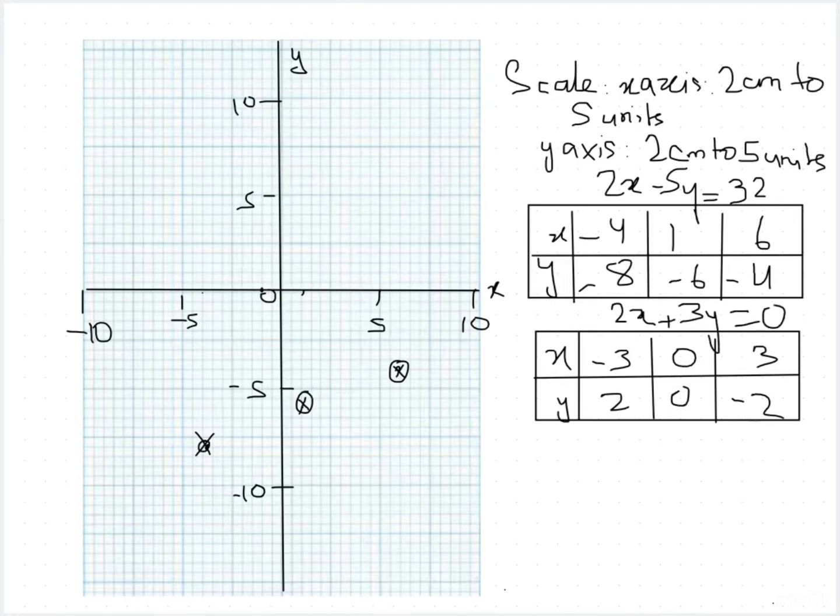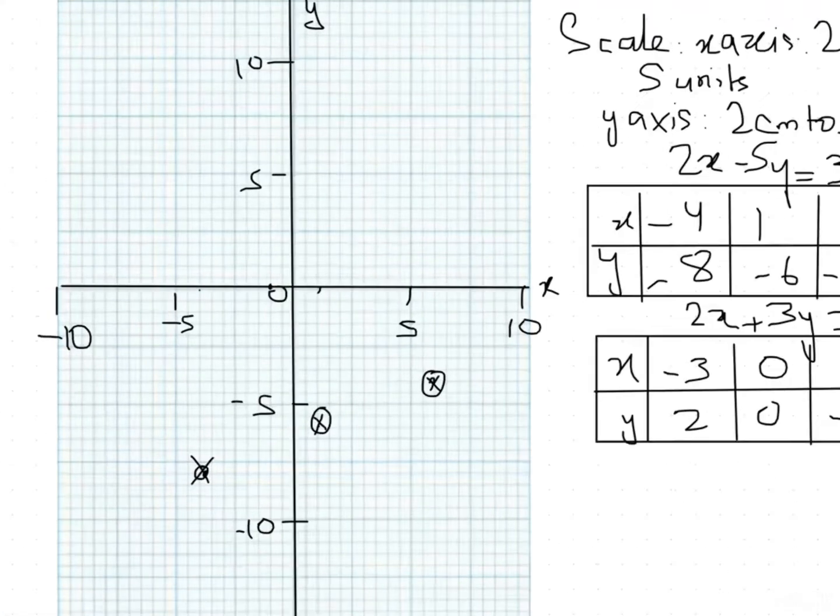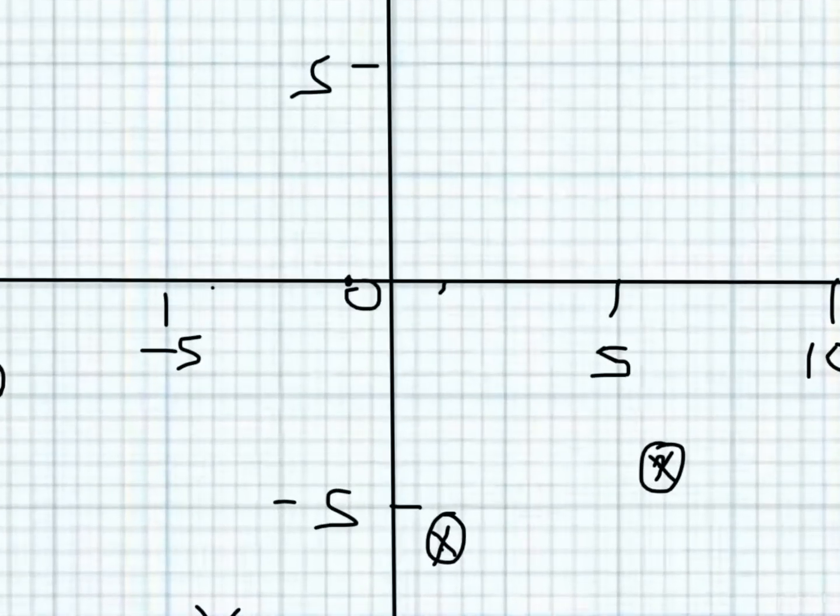Now our second equation, which is 2x plus 3y equals 0, has the points -3 and 2. Where is -3? -3 is here, and then 2 would be here. Then it comes to 0, 0.